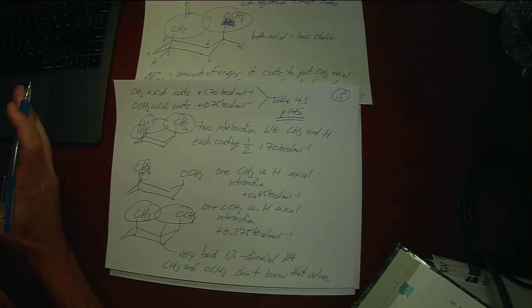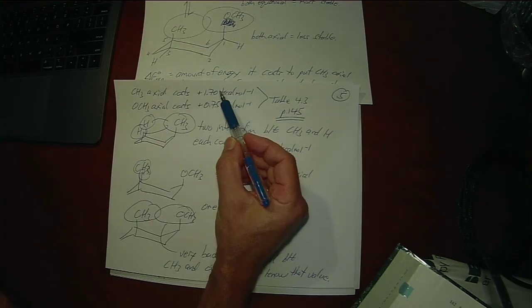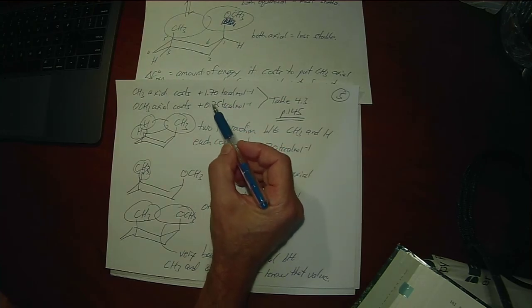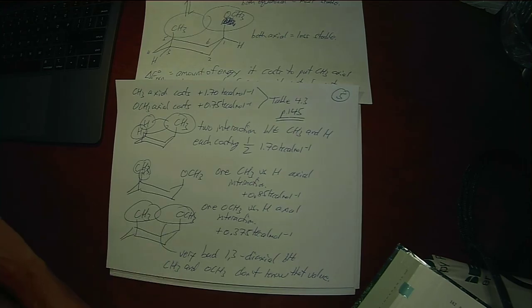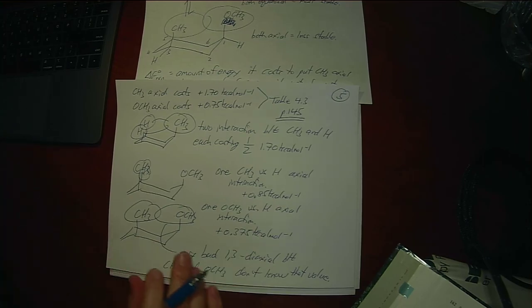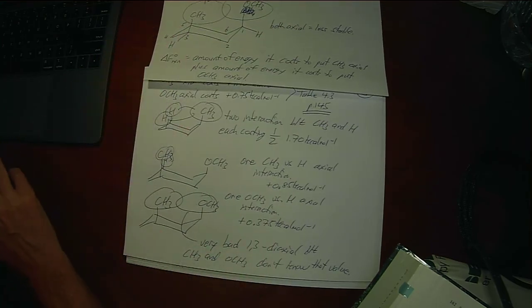But I can't actually tell exactly what the energy cost of moving to that other chair would be, right? The textbook says that it's 2.45 because it just adds these two numbers up and it ignores that more severe interaction between the two large groups pointing axial, but you can't really know, right? So that's another case where the textbook hasn't accounted for all of the possible interactions. Is that helpful?